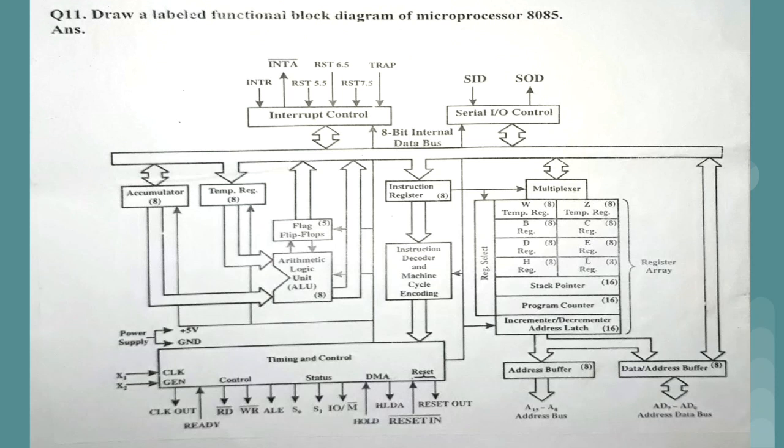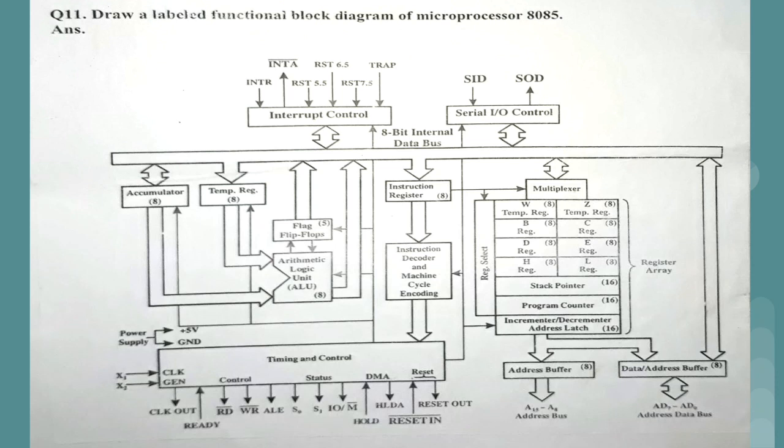All these pins we have seen in the microprocessor pin diagram, and they are all connected to the timing and control section. So to remember this diagram, we should first remember the sections and the pins needed in them. Like in interrupt control, we remember all the pins related to interrupts. In serial input output, the SID and SOD pins are there.